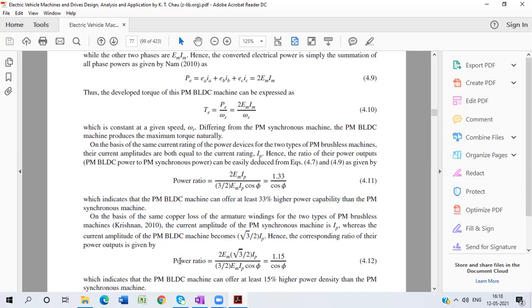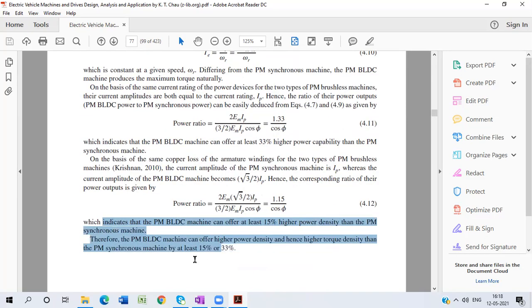In the same way, what about power density? We have discussed power density. You can achieve at least 15% higher power density. The PMBLDC machine can offer at least 15% higher power density than the PM synchronous machine. This is very important.